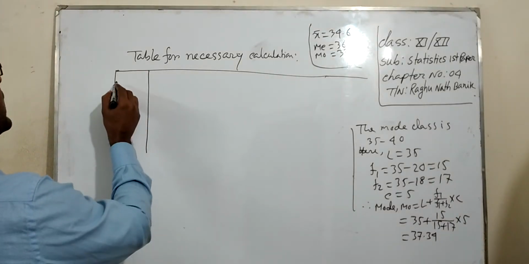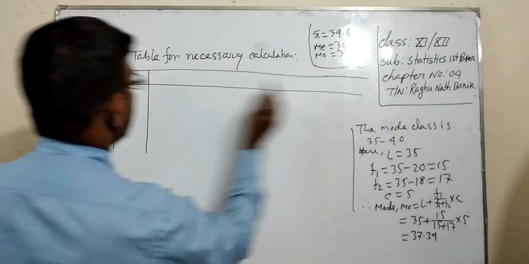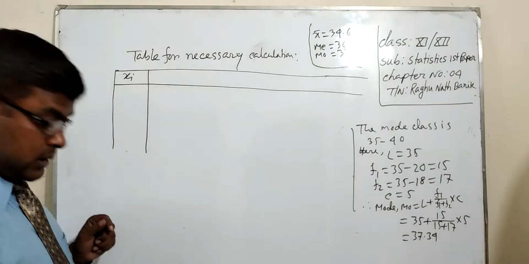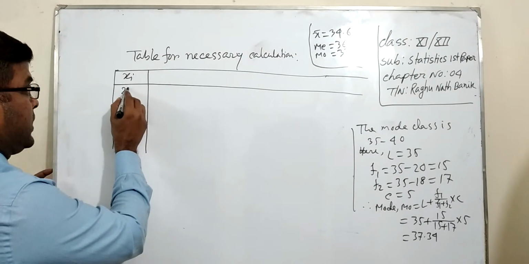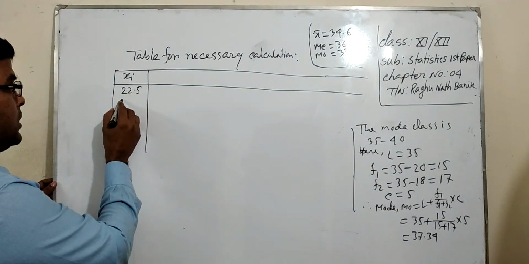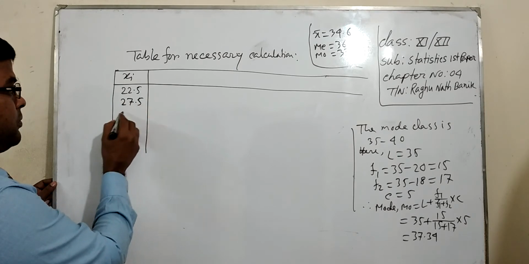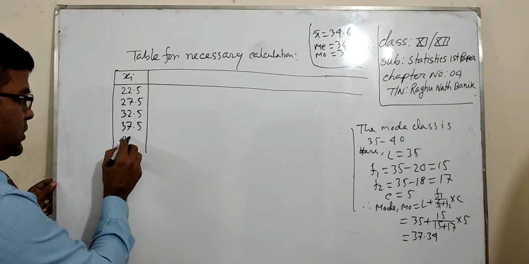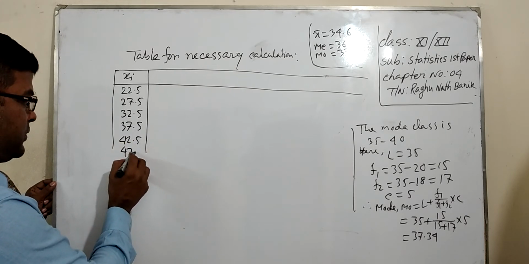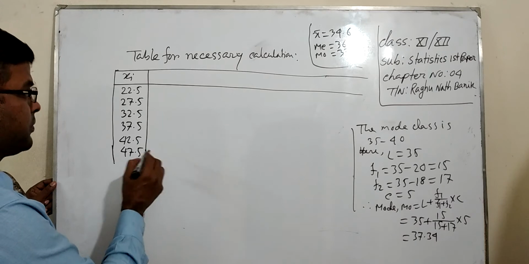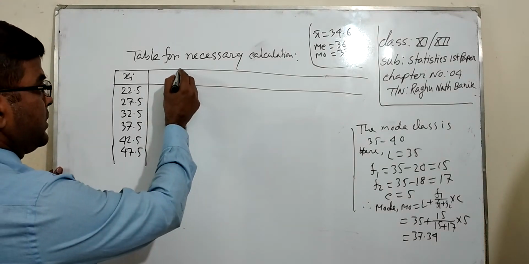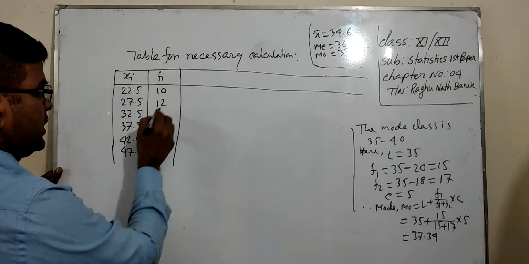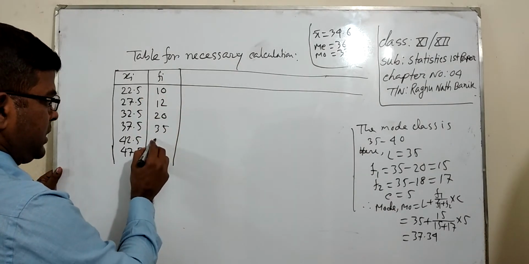Mid value Xi: 22.5, 27.5, 32.5, 37.5, 42.5, and 47.5. Frequency Fi: 10, 12, 20, 35, 18, and 12.